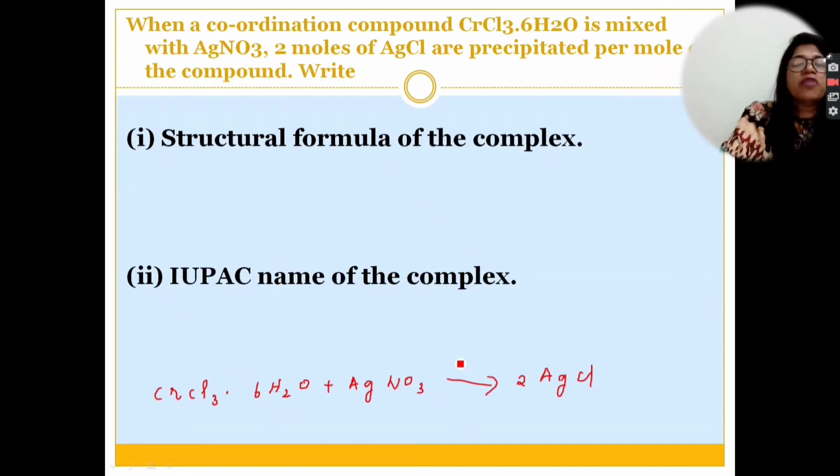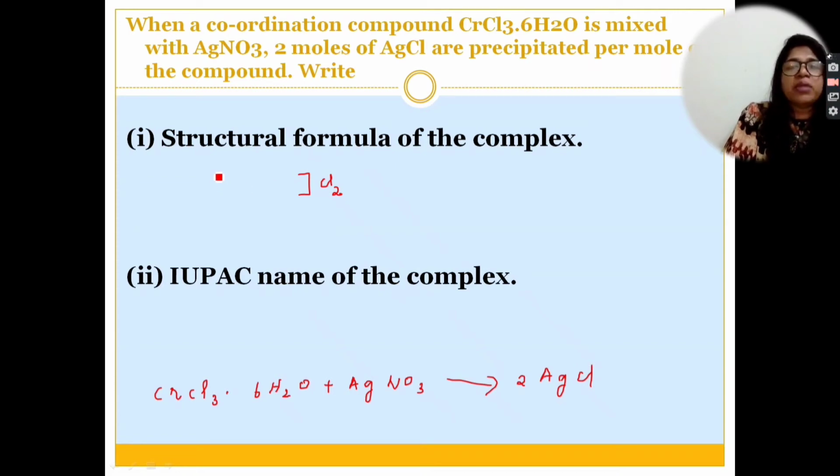When they say 2 moles of AgCl is precipitated, it means 2 Cl is lying outside the coordination entity. Whatever lies outside the coordination entity will only react. Whatever atoms or ions are in the coordination entity will never react. 2 moles of AgCl precipitated means Cl2 is lying outside. If it was 3 moles, Cl3 will be lying outside. If it was 1 mole, only 1 Cl will be lying outside. This point you should keep in mind.